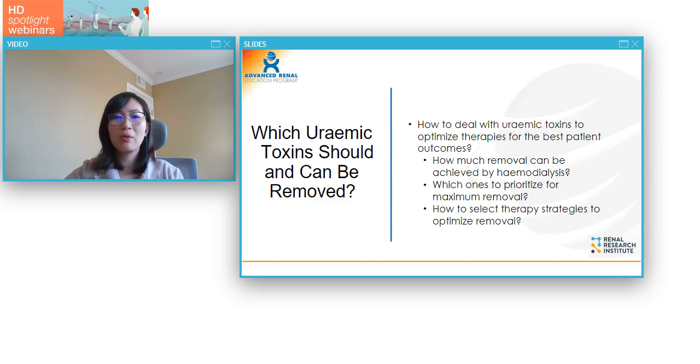Then we need to know first what hemodialysis can do currently. At the same time, such a long list of toxins, as shown earlier, might seem quite overwhelming. So it would be good to know where to start with such a long list. Once we know these answers, we may have a better idea which therapies should be used to handle those toxins.